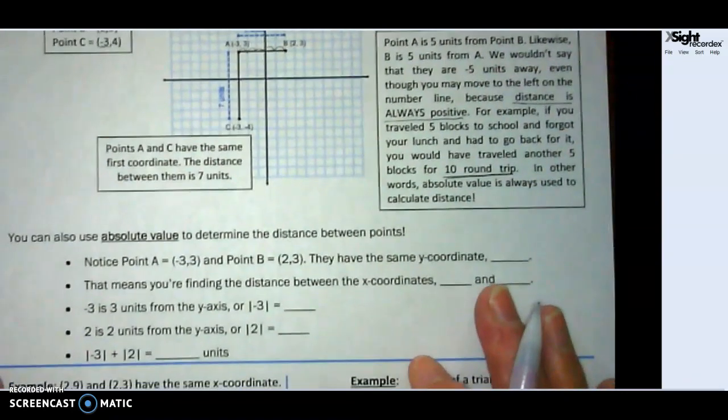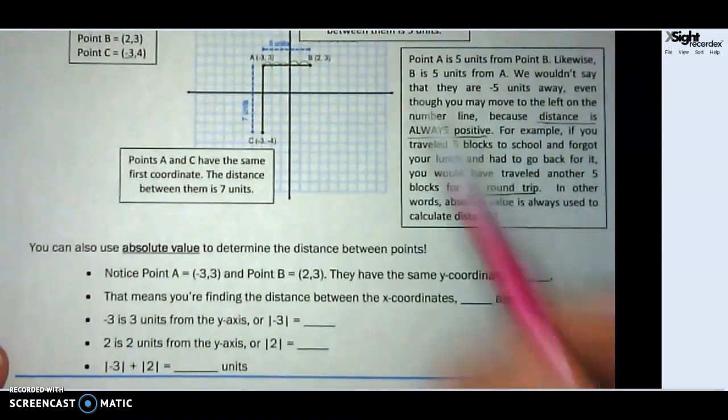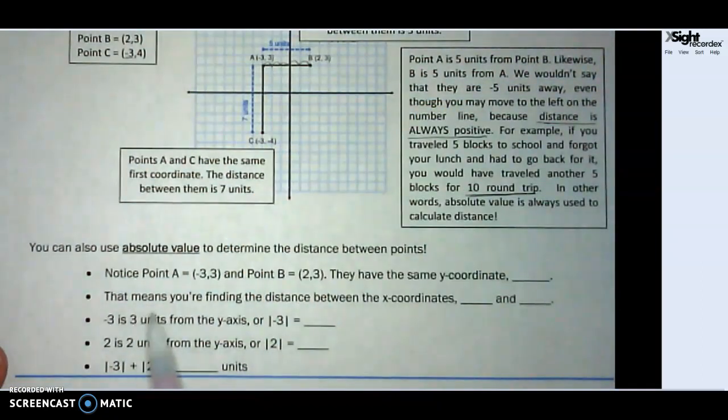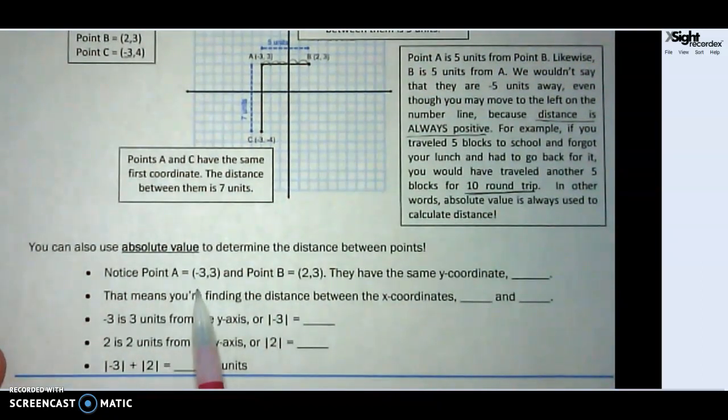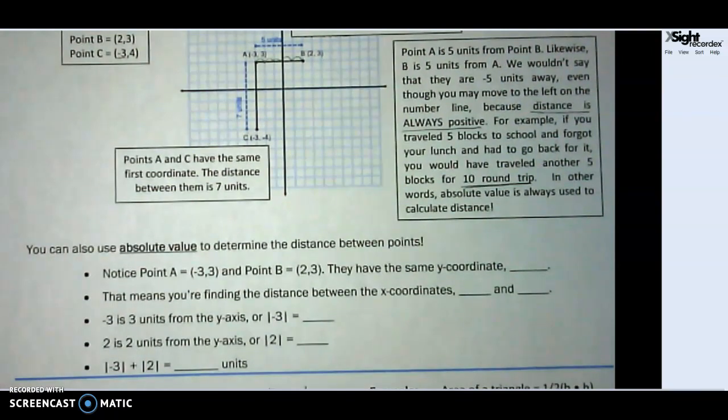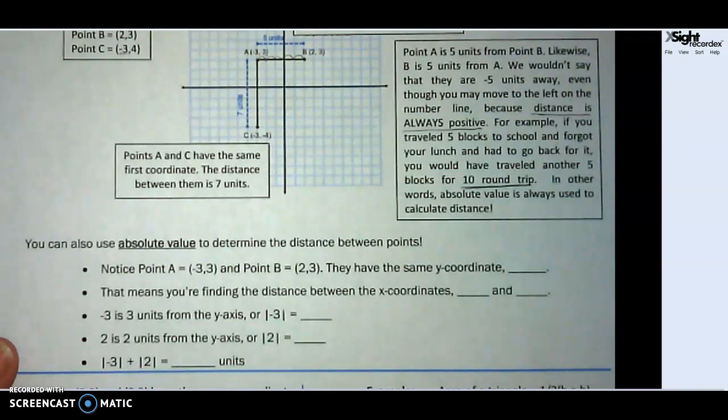But the great thing is that sometimes there won't always be a coordinate grid to look at and go count. So we can look at our points to be able to calculate that distance using the absolute value. I'm sure there were a couple of you last week who were saying, I just don't get this absolute value stuff. But we said, hey, remember, you're going to come back to it. So let's make sure that we understand what's going on.